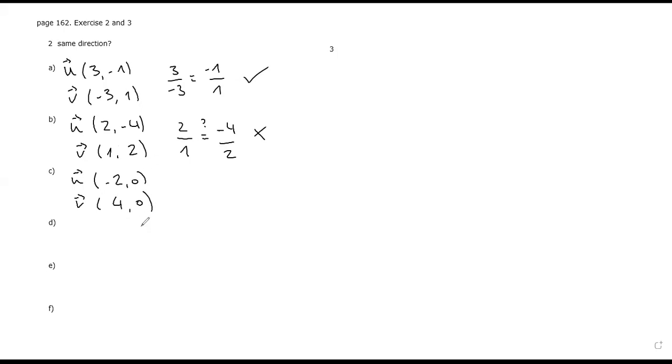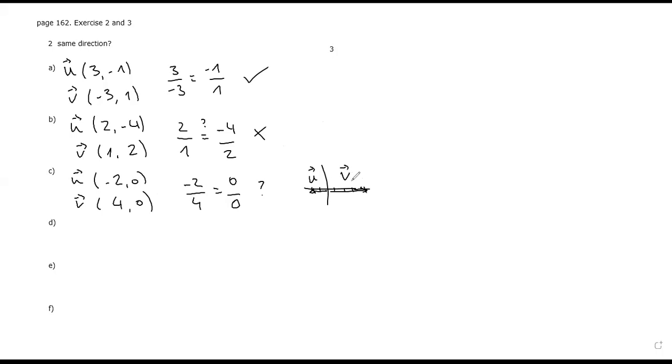Exercise C: u now is (-2, 0), and v is (4, 0). Do they have the same direction? In this case I get -2 divided by 4 is the same as 0 divided by 0. Can I calculate this? It's a bit weird, isn't it? So it could be useful to just draw it, because (-2, 0) is like this. This is vector u, and (4, 0) is the same, but with the other orientation.